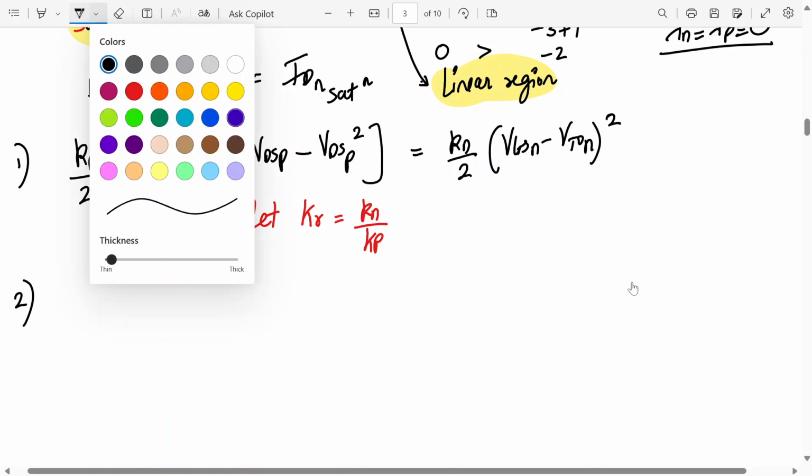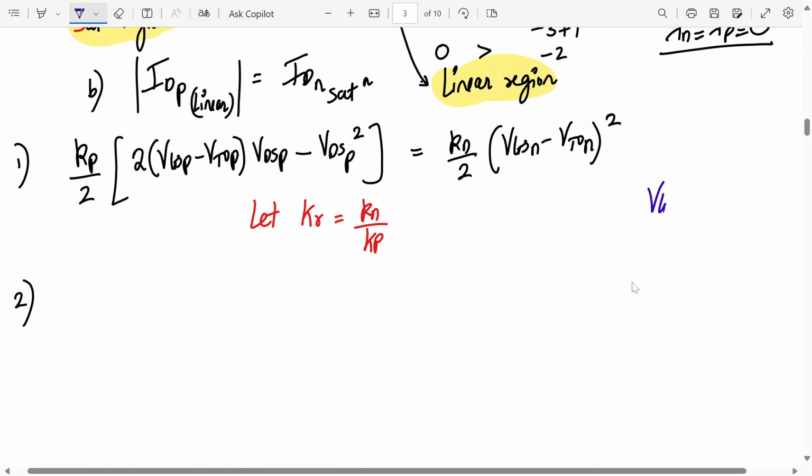Remember, these are the constraints which we have to remember. VGSP is V in minus VDD. VDSP is V out minus VDD. VGSN is V in. We have written this many times. VDSN is V out. So we have to substitute it over here.